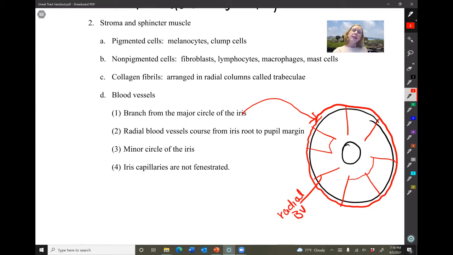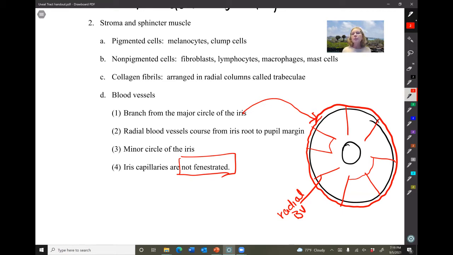One of the things that is quite important about the iris blood vessels is that the vessels are not fenestrated, meaning they're not leaky. They actually form part of the blood aqueous barrier.